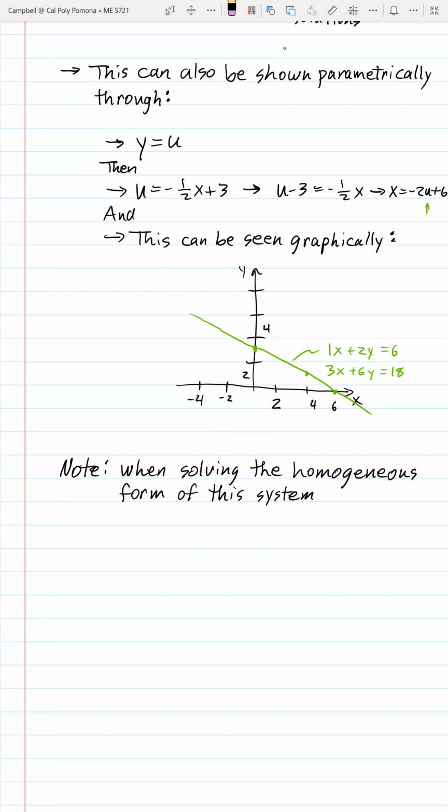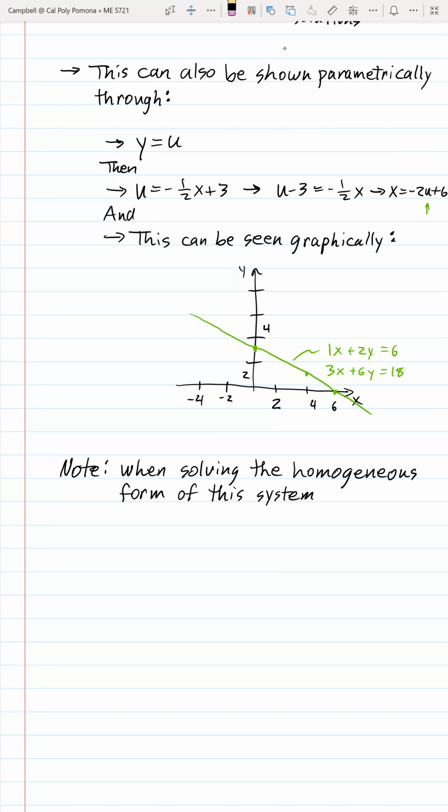We have a single solution, and that single solution, of course, would have to be 0, right? Because everything is converging at the origin. So if we have a single solution, that single solution is just going to be 0, 0, 0, 0, 0 for however many dimensions you're dealing with.